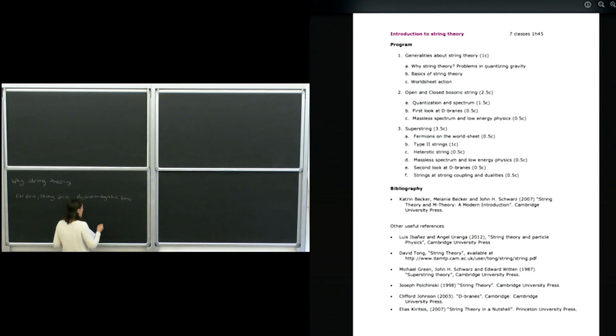These are forces that are very important at the order of 10 to the minus, let's say, 15 meters, which is the scale of the atom. And these are very well described by quantum field theory, QFT, which I'm assuming everybody knows some of.